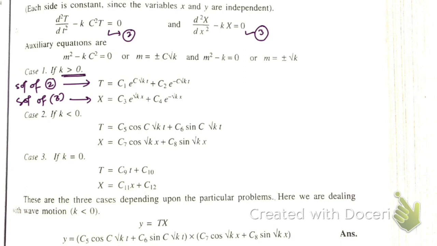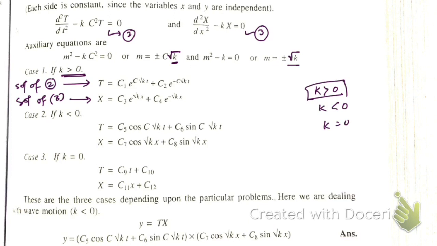When k is greater than 0, these two belong to the real numbers. If k is less than 0, those two are going to be imaginary. As we don't know whether k, a constant real number, is greater than 0, less than 0, or equal to 0, three possible cases are involved.